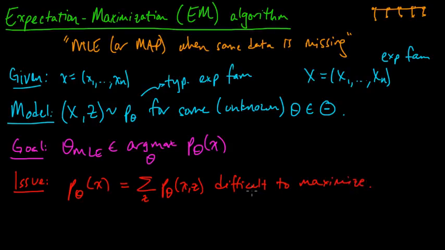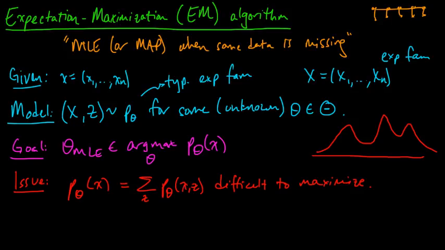Oftentimes it's very difficult to maximize, and the reason is because of this sum. This sum makes it so that the resulting thing can be multimodal. Oftentimes it has multiple maxima, many maxima. And if you try to differentiate this with respect to theta or some of the parameters in theta and set it equal to 0, you'll get some implicit equation that you have to solve, but it's difficult or impossible to solve analytically. So that's the problem.